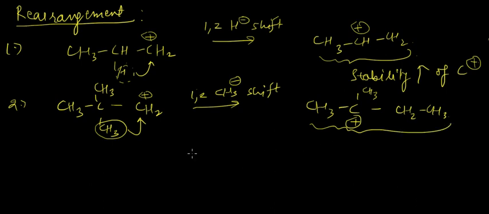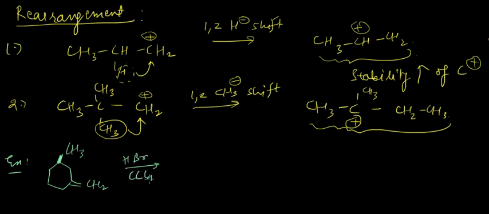Okay, so let's take some examples of rearrangement before we move on to the next video. You have to identify the major product along with its stereochemistry. So we had something like this. This CH3 is coming out of the plane, and we have this CH2, and we reacted with HBr in the presence of CCl4. What will happen is the intermediate would be something like a positive charge here and a CH3 here.